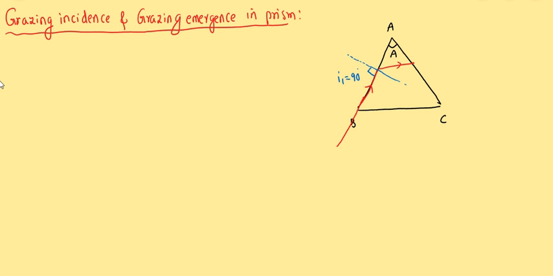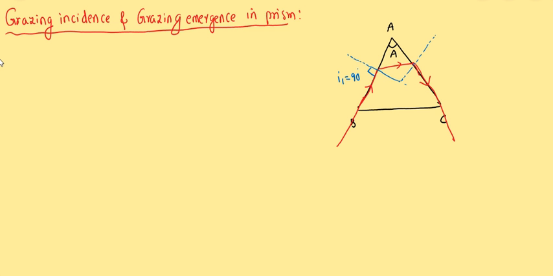And it will be incident on the second surface. Let us draw the normal at the second surface. This is the normal at the second surface. Then again the light ray is emerging along the surface only. This is the emergent light ray.